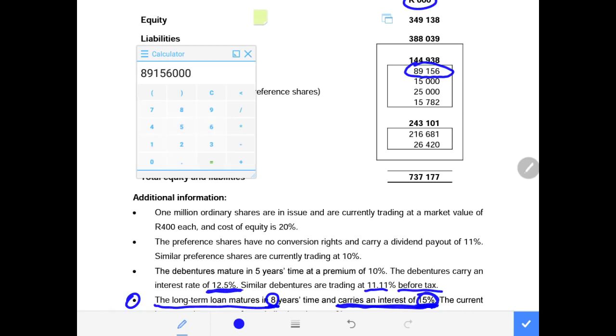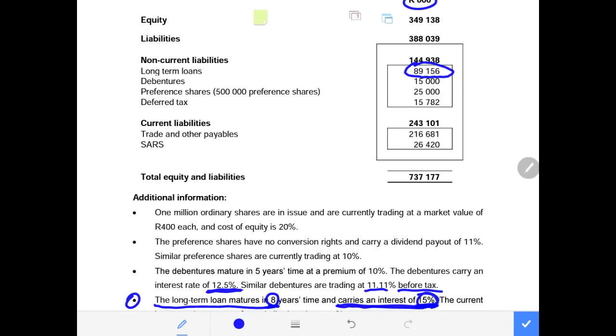We multiply this by 15% and we discover how much we are paying before tax. Then if we multiply this by tax, the amount that we pay changes to a different amount of 96,000. So now let me go to my calculations again.